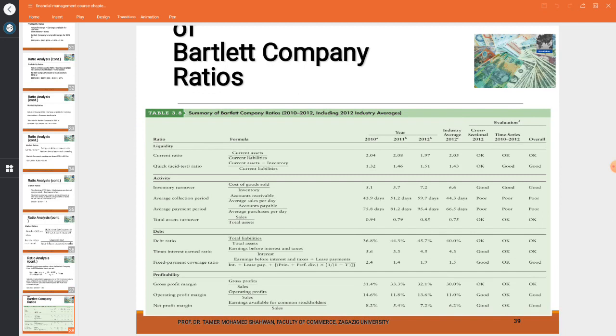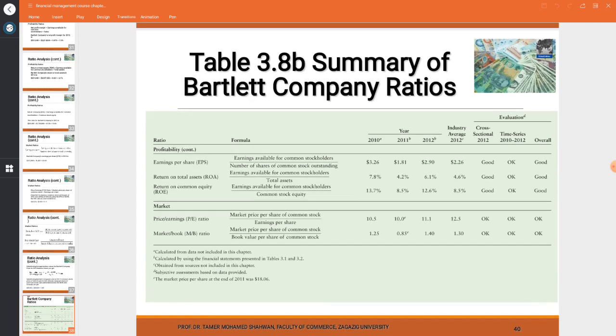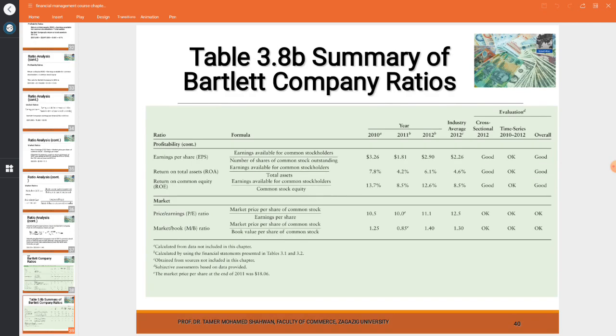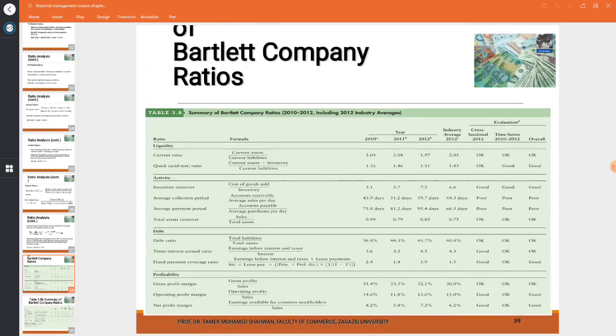As you see in this figure, we have different perspectives. We have liquidity ratio, we have activity ratio, we have debt ratio, we have profitability ratio, and we have marketability ratio. And as you see, when calculating each one of them, I have different ways of analysis.